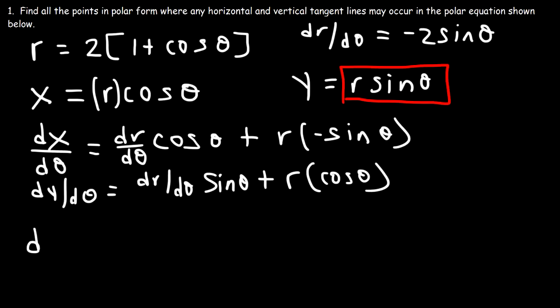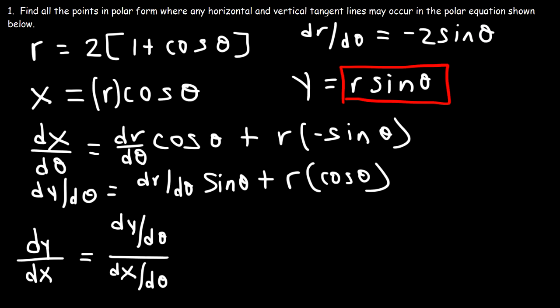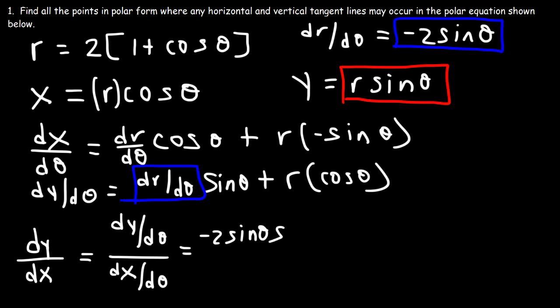So now we can write an expression for dy/dx, which we said is dy/dθ divided by dx/dθ. And here is dy/dθ. Now I'm going to replace dr/dθ with negative 2 sin θ, and then it's multiplied by sine, plus r cosine.